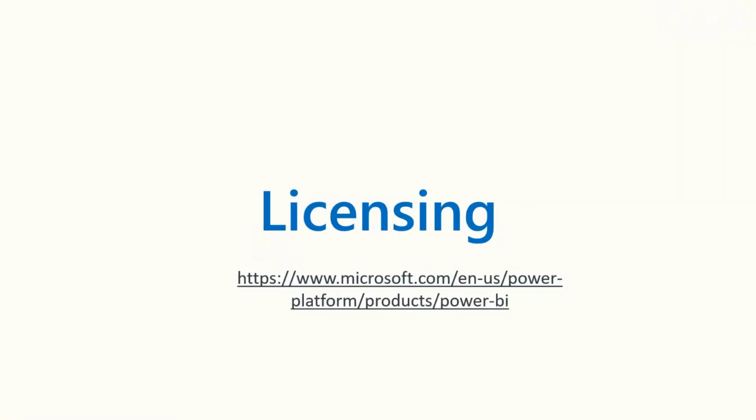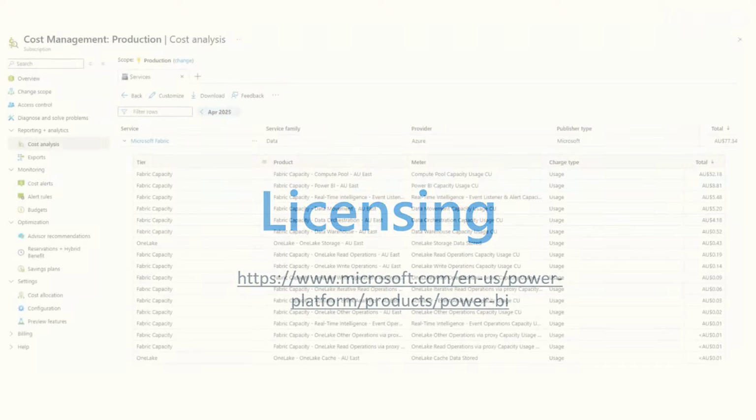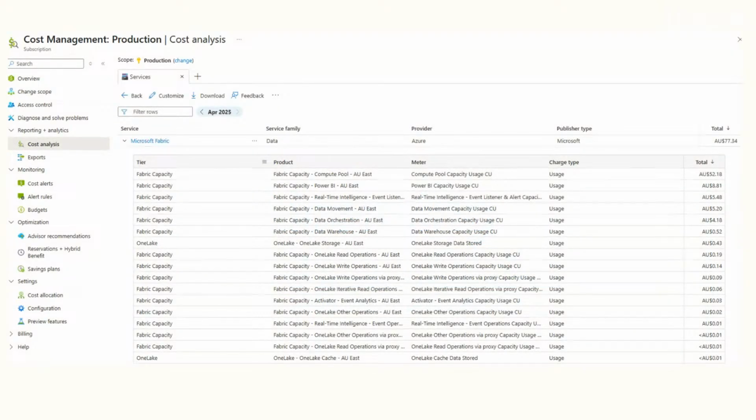looking at the sample ongoing cost. I wish things were that easy when talking about licensing. So when you look at the cost analysis of your Fabric capacity, you will see a lot of different meters, essentially, because the way that you're going to use those capacity units is not the same across all the different workloads.